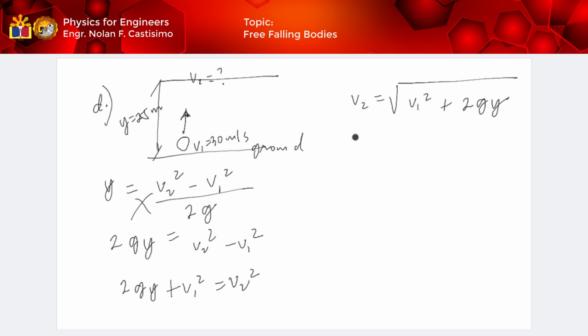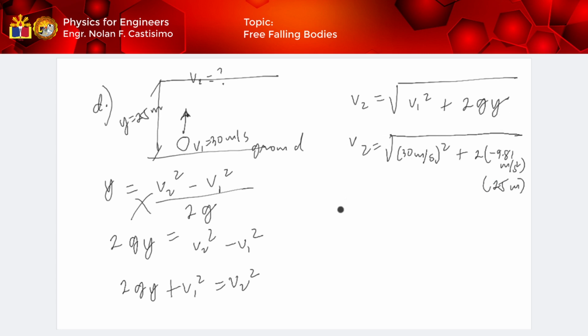So, substitute our values. V2 is equivalent to square root of our V1, 30 meters per second squared, plus our 2 times negative 9.81 meters per second square times 25 meters. Ayan.